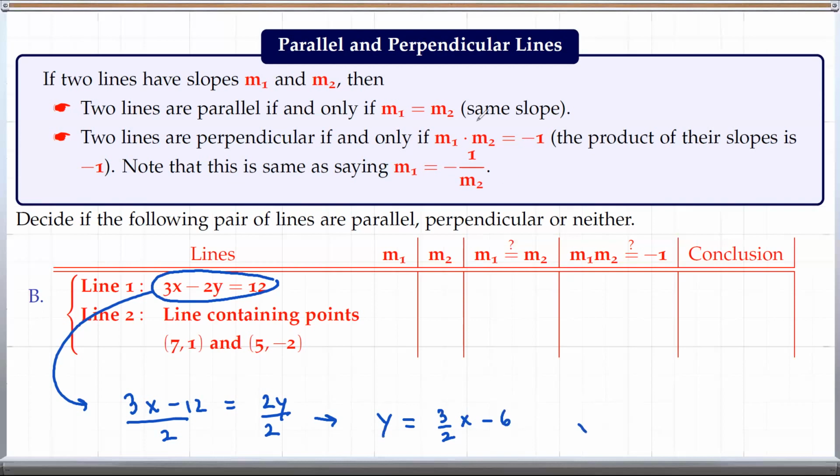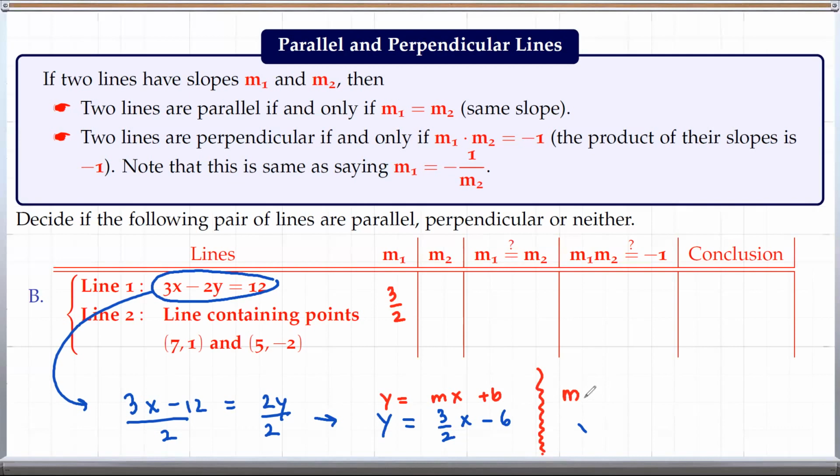So from here, if you compare this with y equals mx plus b, then it looks like slope m1 for the first line is 3 by 2. So we got the first slope to be 3 by 2. Now let's try to find the slope of the second one.